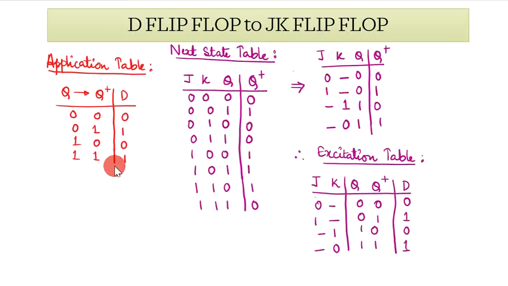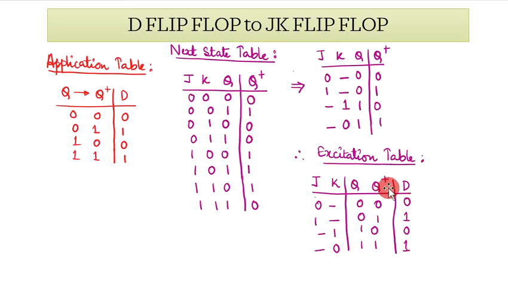Next we have the conversion of D flip-flop to JK flip-flop. Here first we need to write the application table of the D flip-flop, then the next state table of the JK flip-flop. When you obtain the JK flip-flop next state table, you will have 3 input variables, so 8 input combinations which need to be simplified so that you obtain the table in this particular form, and hence you can obtain the excitation table in this form.